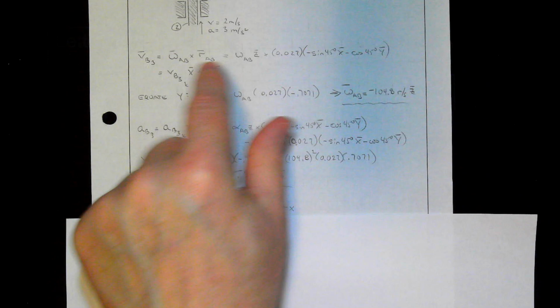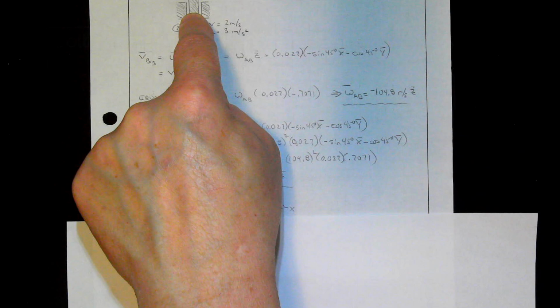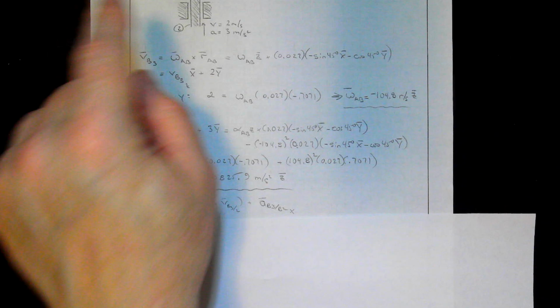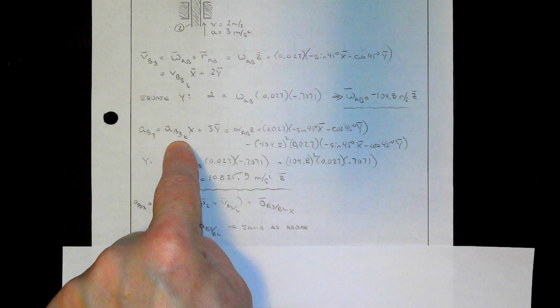It's touched in one spot. This is link 2. It's touched everywhere. To get B on link 3, it's obviously omega AB cross R from A to B. Nothing new here. If you multiply all that out, we get omega AB cross R.